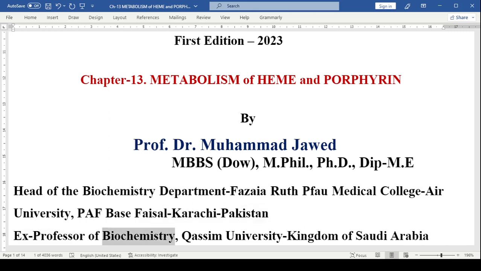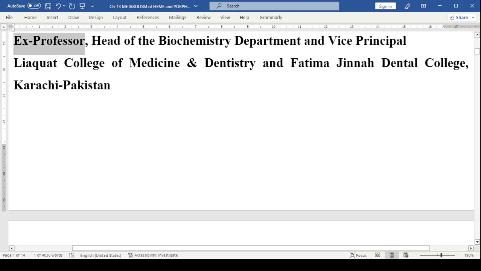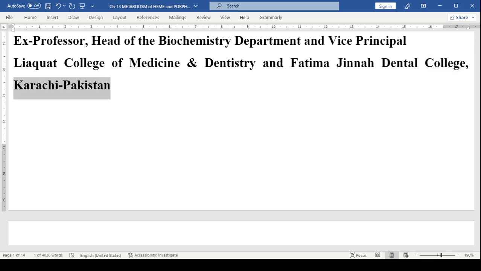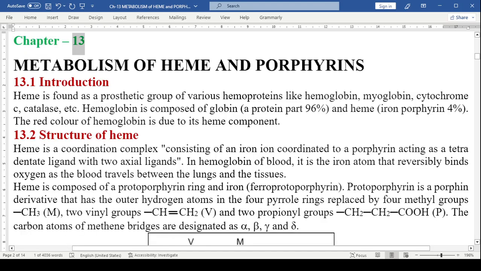Ex-Professor of Biochemistry, Qassim University, Kingdom of Saudi Arabia. Ex-Professor, Head of the Biochemistry Department and Vice Principal, Liaquat College of Medicine and Dentistry and Fatima Jinnah Dental College, Karachi, Pakistan. Chapter 13. Metabolism of Heme and Porphyrins.